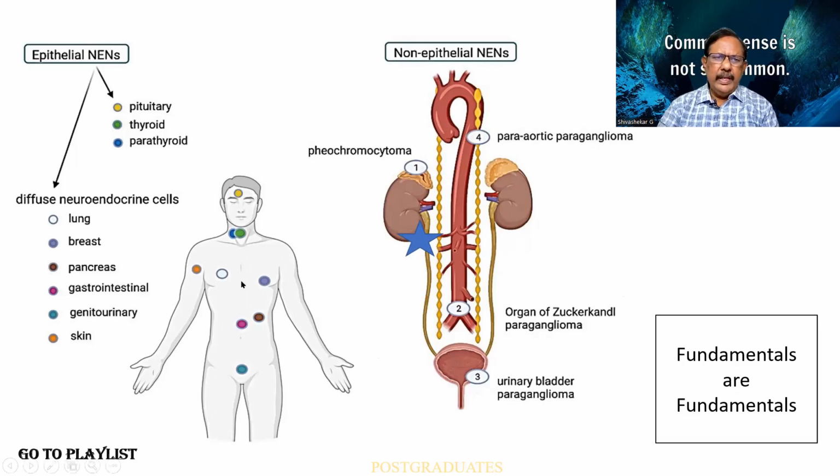Whereas the epithelial can be from the pituitary, thyroid, and parathyroid, the endocrine organs on one side, or the diffuse neuroendocrine cells as can be seen in the lung, the breast, pancreas, GIT, genitourinary, and skin. In short, if this question is asked, you will be able to enumerate what are the sites it occurs in. Simple.